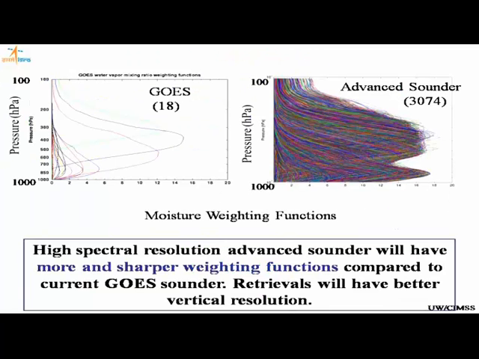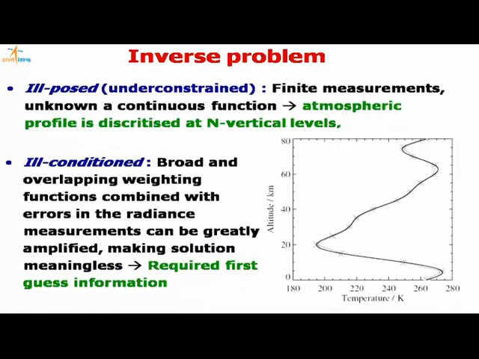So the observations in different channels are not independent. If we are making observations in the water vapor absorption band, we do not actually have 3000 independent equations. We will have only a few tens of independent equations to derive the temperature and humidity of this many atmospheric layers. So the problem becomes ill-posed. To solve this inverse problem, we need a first guess, and that first guess is obtained through a numerical model.